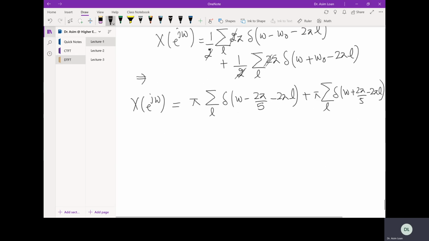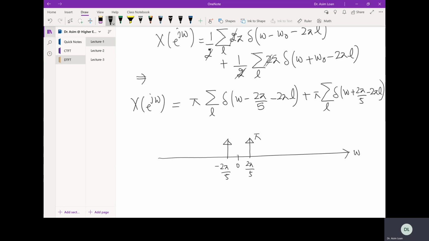If I sketch this one, the sketch is going to look like this. I have omega at plus 2 pi by 5 and minus 2 pi by 5, around 0, with height pi.